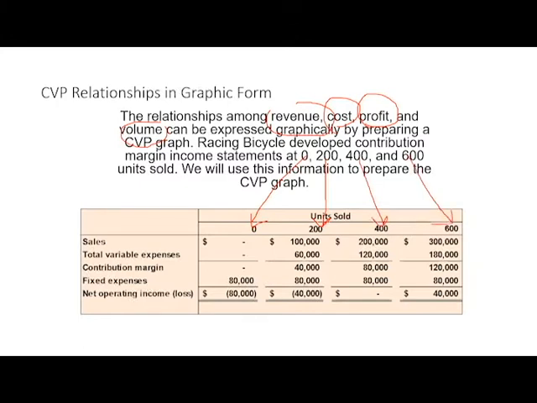When we plot the graph, of course, we need a few points. So these are the points at 0 units, 200 units, 400 units, and 600 units. We provide the details of the cost at each level of units: variable expense, CM, fixed expense, and net operating income. We calculated how much net income or net loss we get at that level.